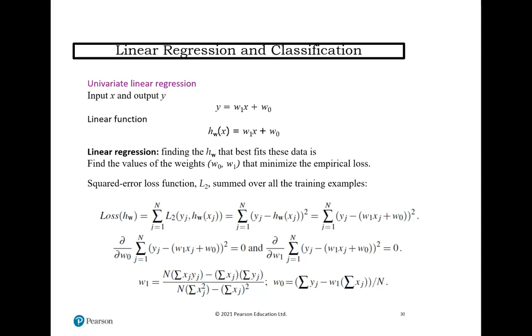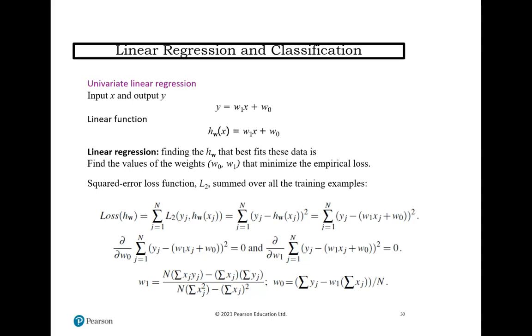So you have an output y that you're trying to predict based on some observable variable x, and you just assume that the hypothesis is linear in that case, meaning that a model with just two parameters, an intercept W0 and the slope parameter W1, will be sufficient to get a good model that does well on unseen data.